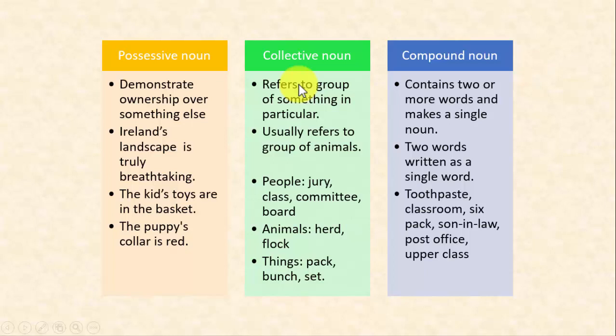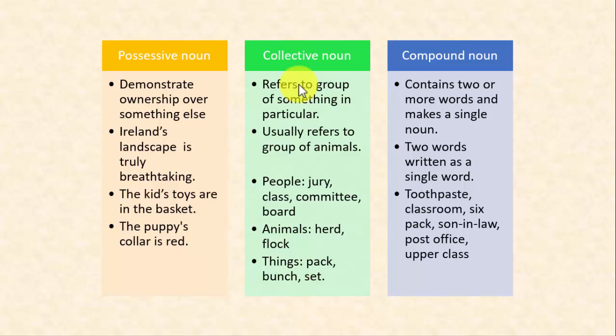Next example is collective noun. Collective noun refers to a group of something in particular. It usually refers to a group of animals and can be non-animals. Like if we take the example in the form of people, then it can be jury, class, committee, board. Now, it totally depends on us whether we are using it in the singular form or the plural form.